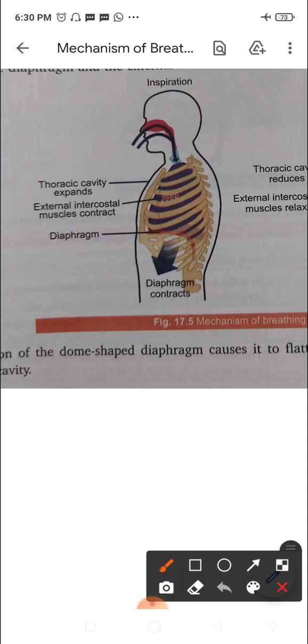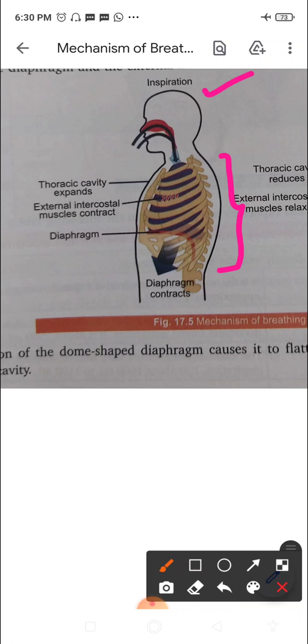What is the thoracic cavity? This region here is the thoracic cavity. The size of the thoracic cavity increases at the time of inspiration.